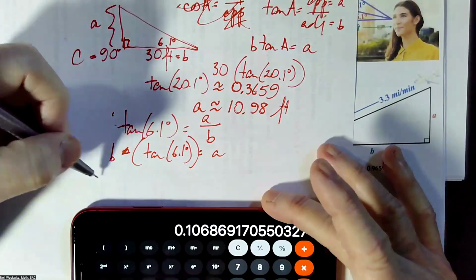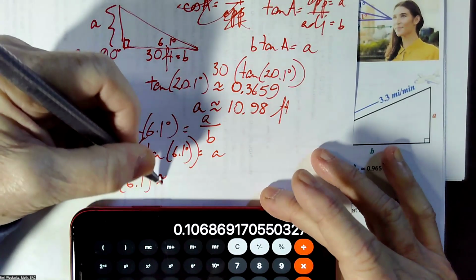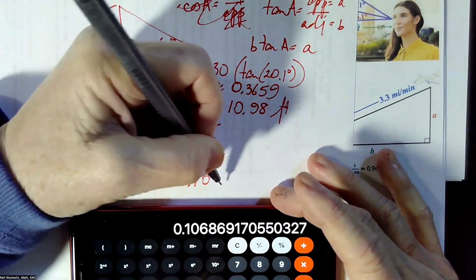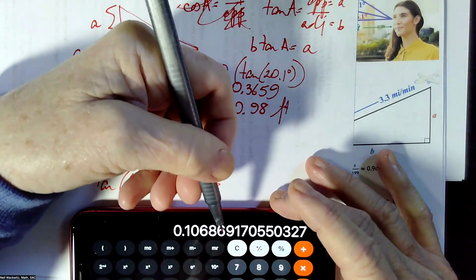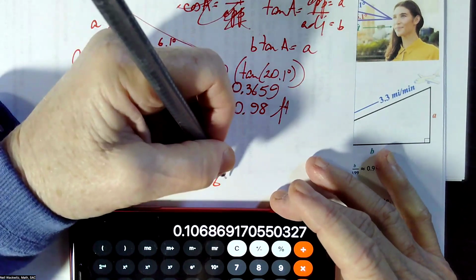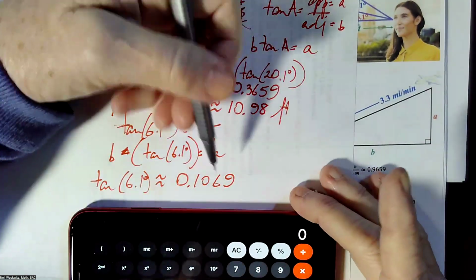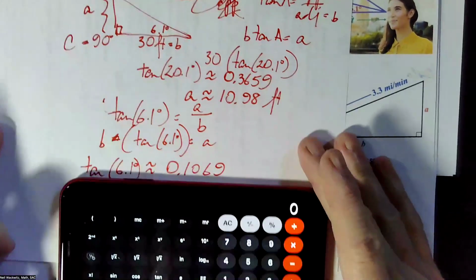So the tangent of 6.1 degrees is approximately 0.106. And this 5th digit is a 6, so the 8 bumps up to 9. It's really important to use the value that you write down and not the value that's in the calculator.